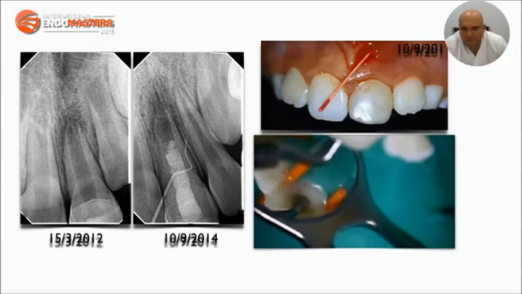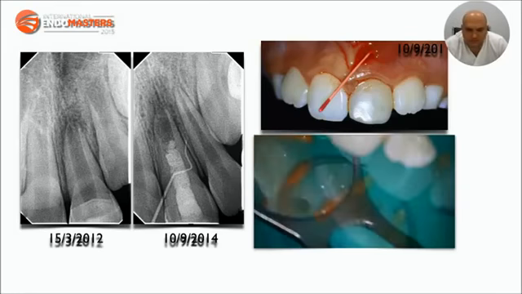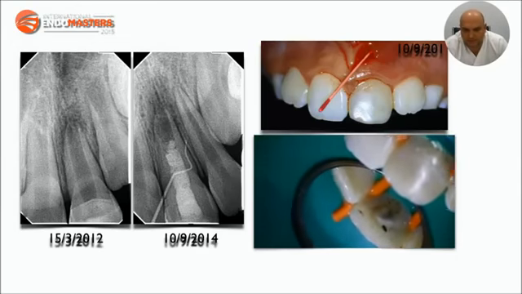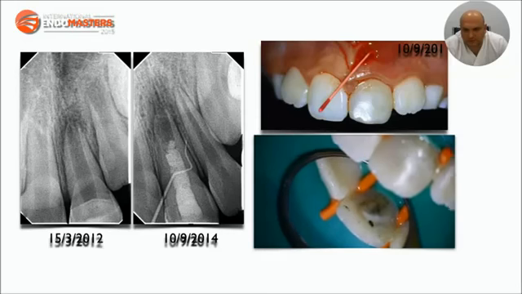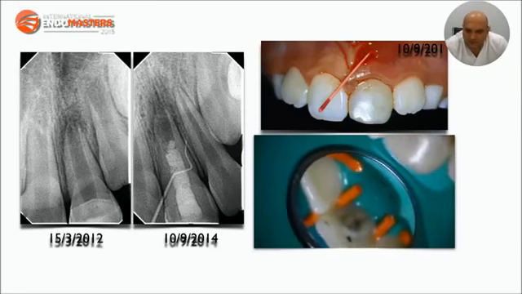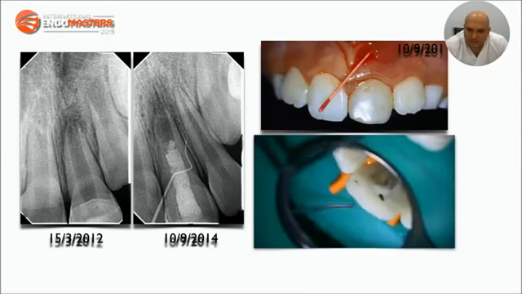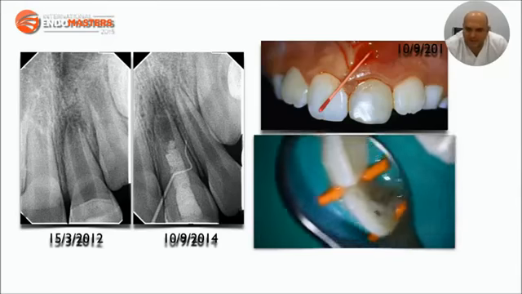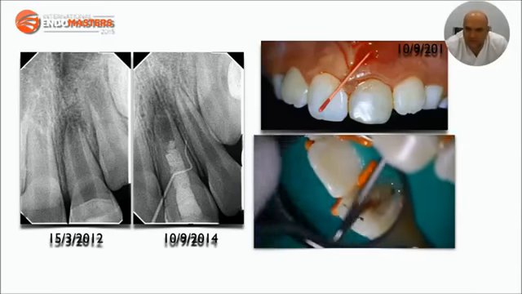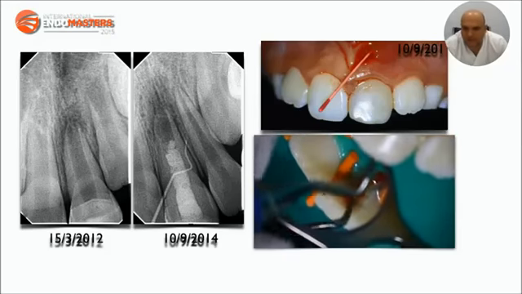And I have to tell you that the whole procedure wasn't as easy as I expected it to be. After removing the MTA, this is what I've got. Again, purulent drainage from the white canal, hemorrhagic and purulent drainage, together with discolored MTA remnants.